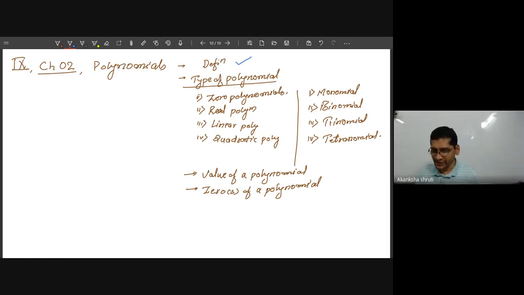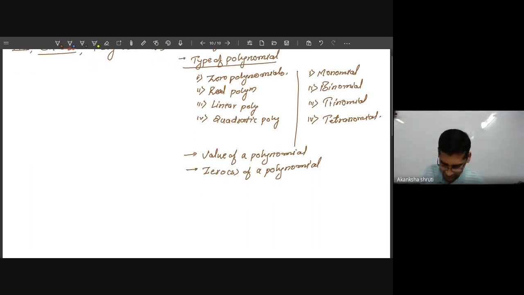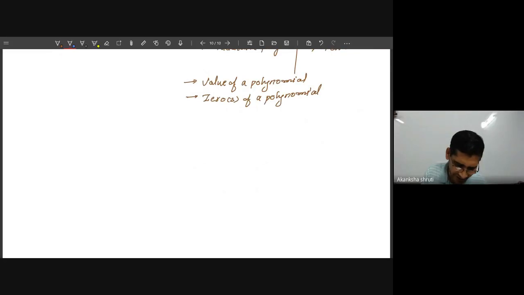So from definition, it is classified into zero polynomial, real polynomial, linear polynomial, quadratic polynomial, even cubic polynomial this way. And the other way of classification is depending on the number of terms, called monomial, binomial, trinomial. So all these things we will learn.